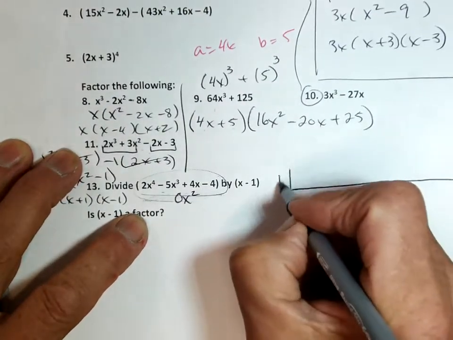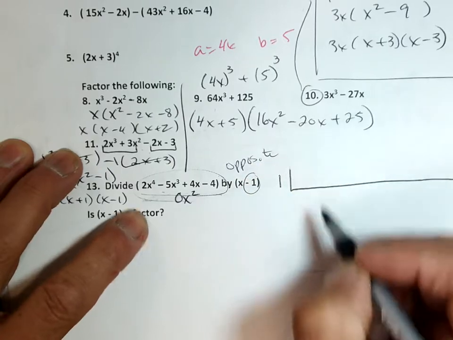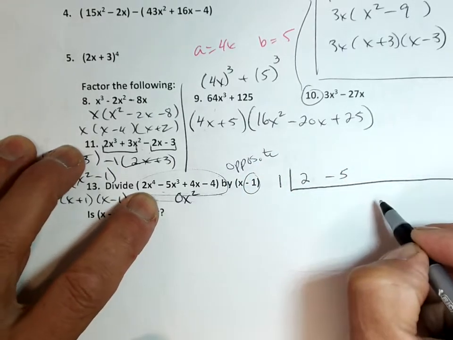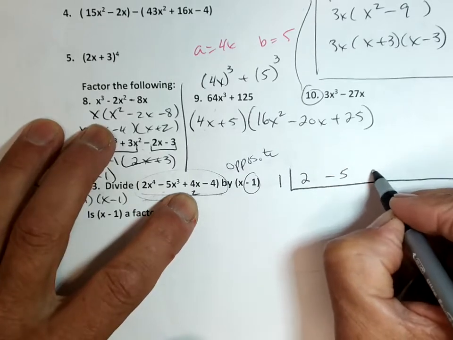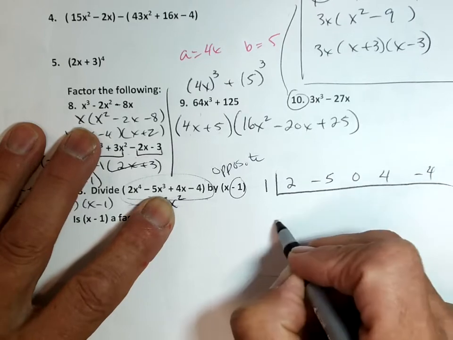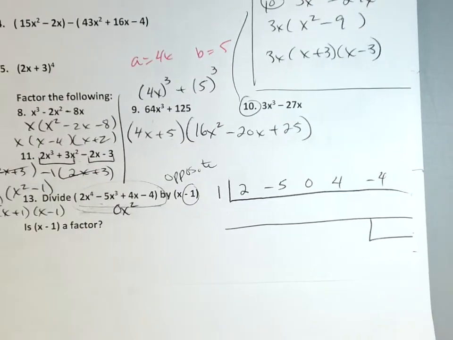We're going to go positive 1 because we're going to go the opposite of that. We're going to go a 2, a negative 5, a 0, a 4, and a negative 4. Put my adder line and my remainder, okay? So don't forget your missing term, because you'll have a missing term tomorrow too. If you miss the missing term, then you're going to miss the whole problem, okay?